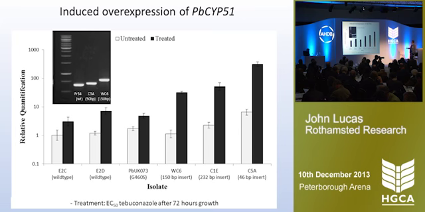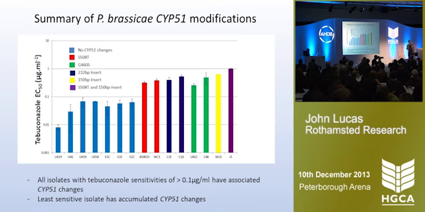Now, we know that these inserts are actually linked to increased levels of expression, which does actually affect sensitivity. So again, we've got two mechanisms operating, and sometimes they can be combined. This really repeats what I've just talked about. We've got various combinations beginning to appear.